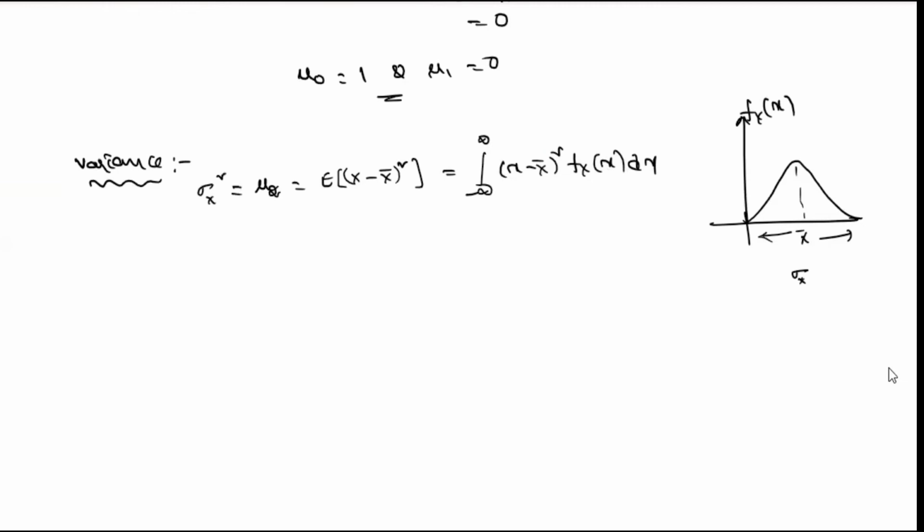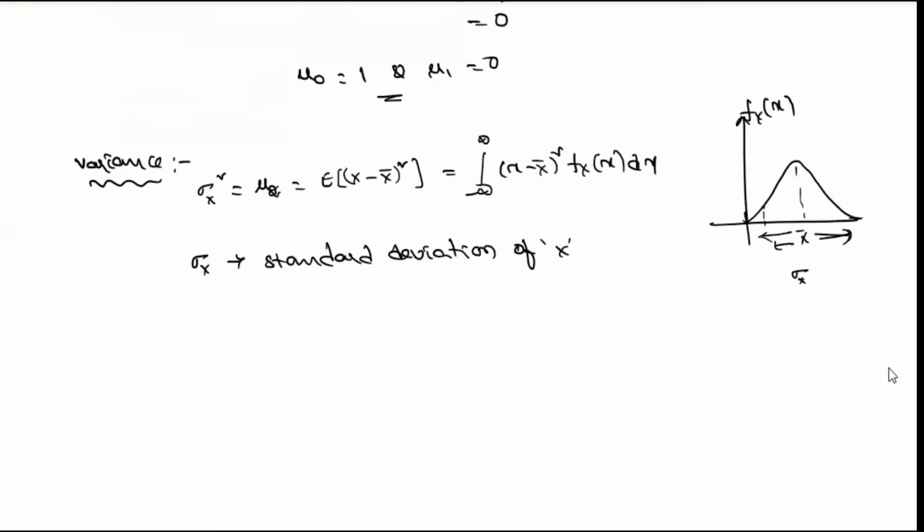This is the variance value. Sigma x is called the standard deviation of the random variable x.